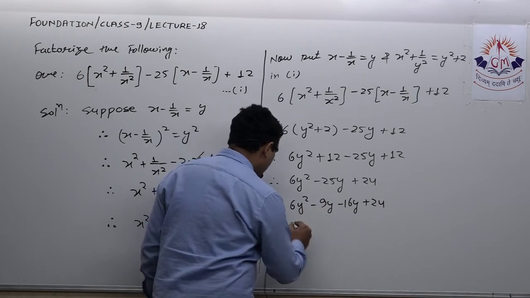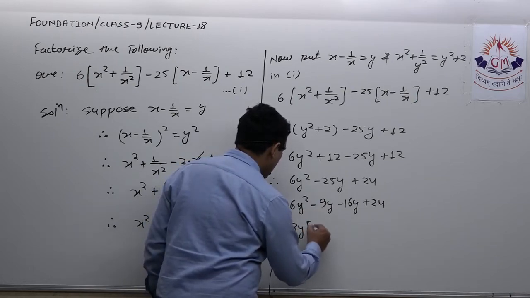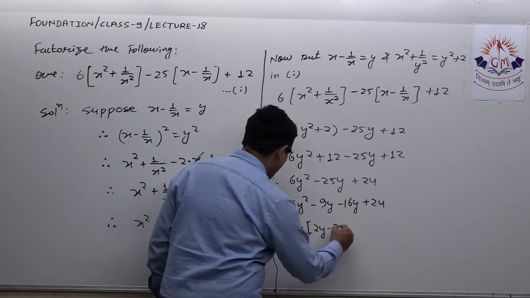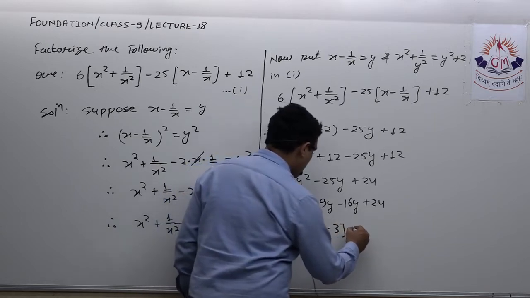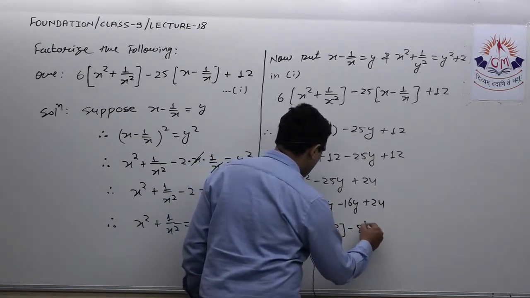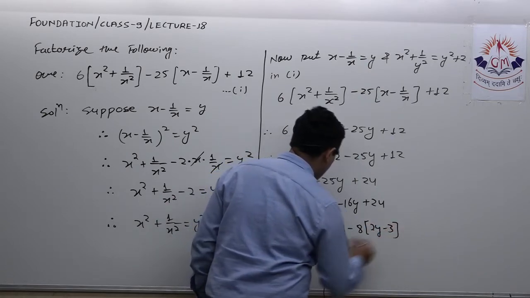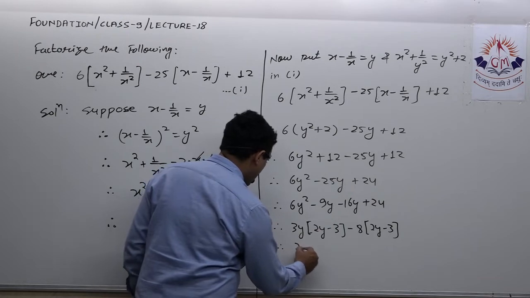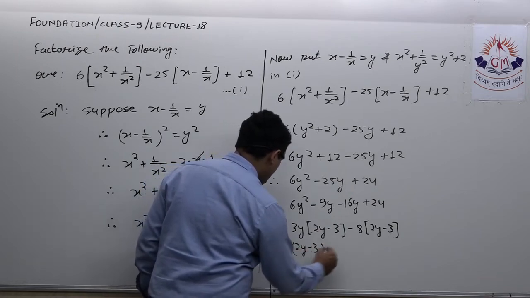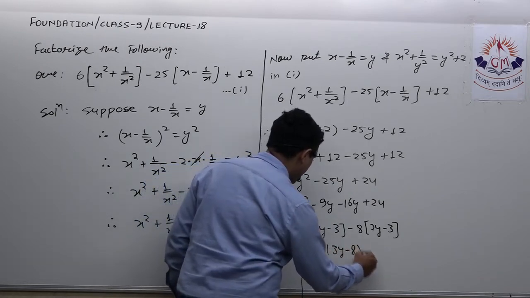So now from these two I can take 3y common. So here I'll get 2y minus 3. From these two I can take minus 8 common. So 2y minus 3. So ultimately here I'll get 2y minus 3, 3y minus 8.